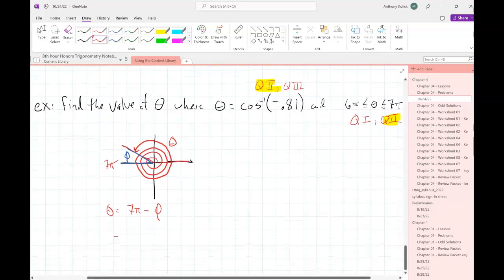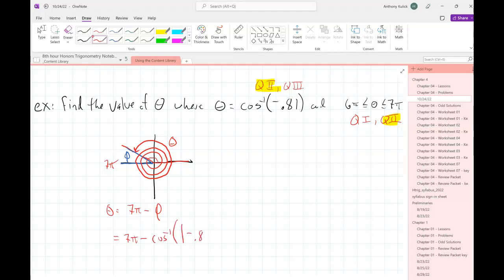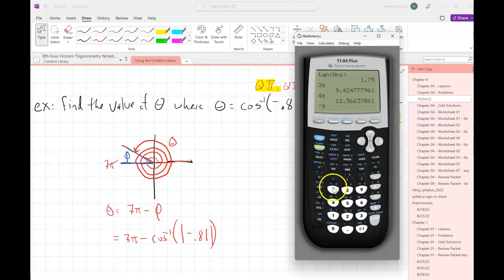And how do we calculate phi? The cosine inverse of the absolute value of negative 0.81. Now, when I type this into my calculator, you know what Mr. Kulik's not doing? He's not going to type in the absolute value. He's just going to do the absolute value part in his head, because for the love of Pete, that's way too many buttons to get the absolute value to pop in there.